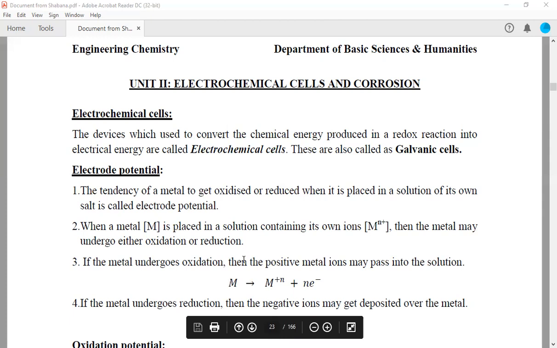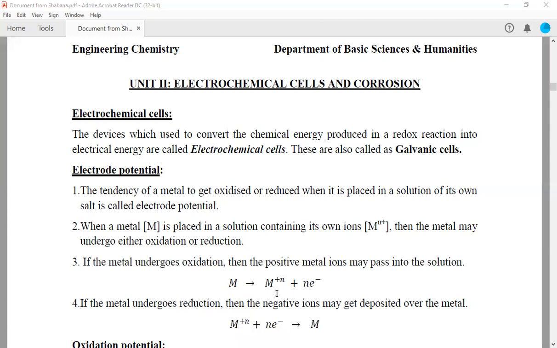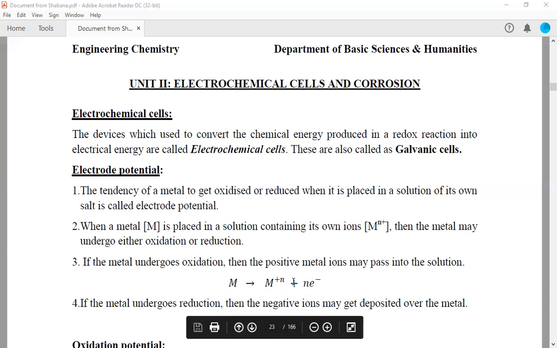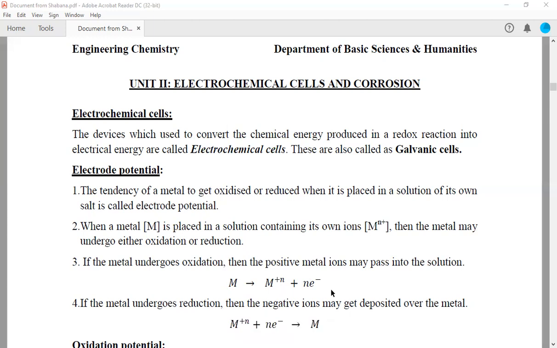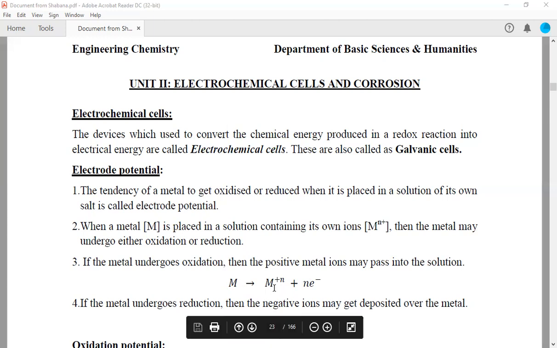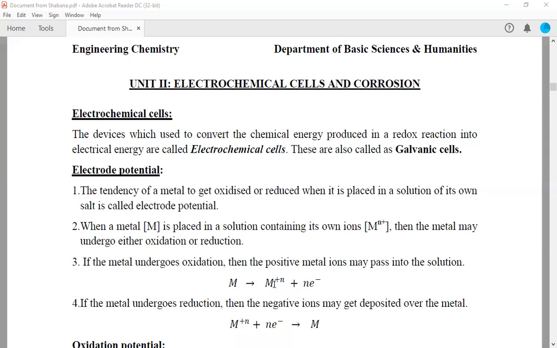That means the charge is increased. An increase in the oxidation state, with the release of electrons, is known as oxidation. If the metal undergoes oxidation, then the positive metal ion passes into the solution, into whatever electrolyte we are using.